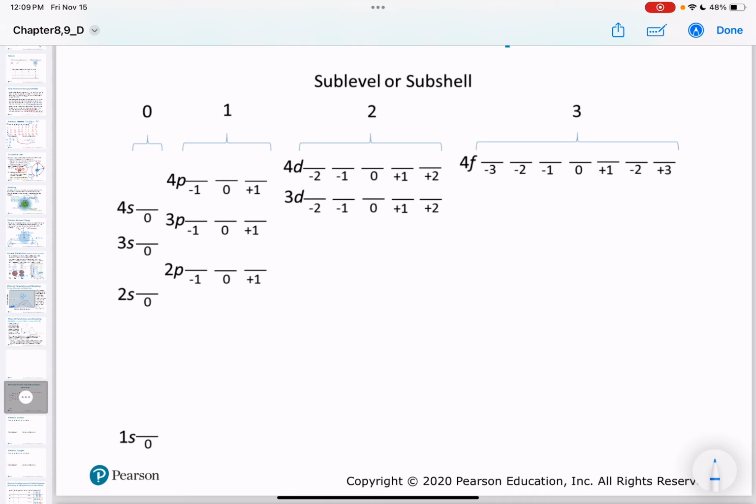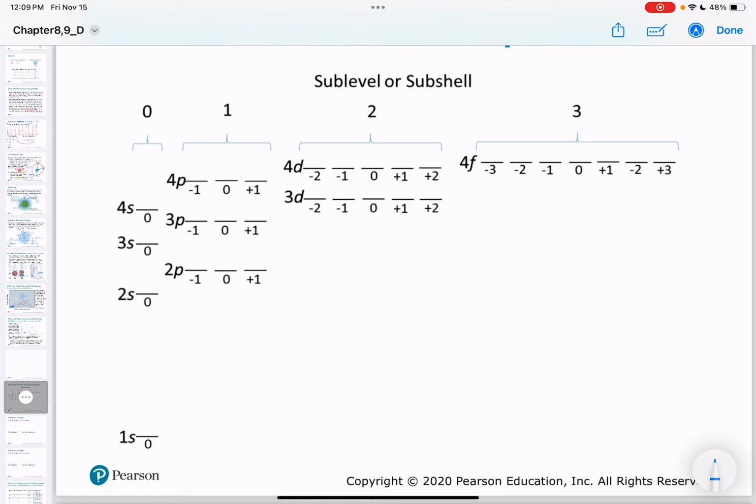All right, so this is where we stopped on Wednesday. And like I said, this is going to probably be the best way for you to not only remember the quantum numbers from chapter 8, but also to apply it now to looking at electron configurations in chapter 9.